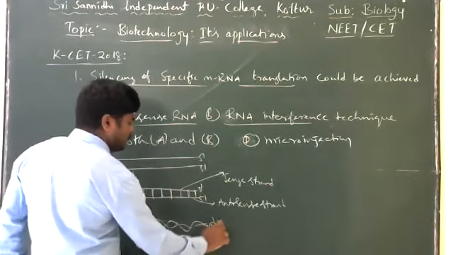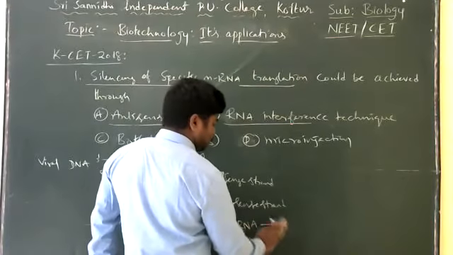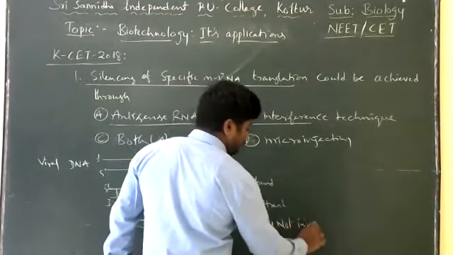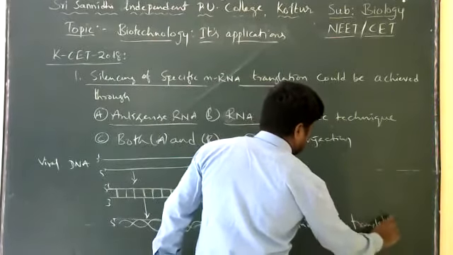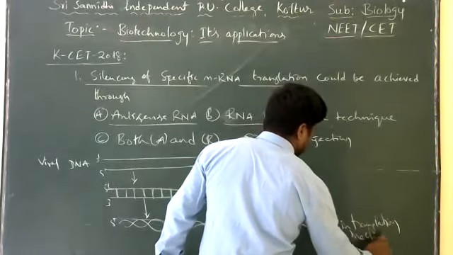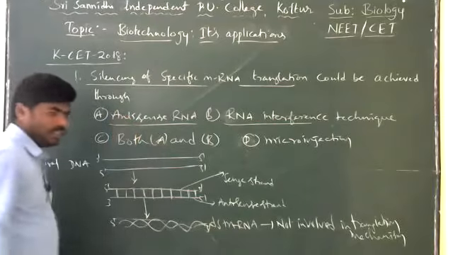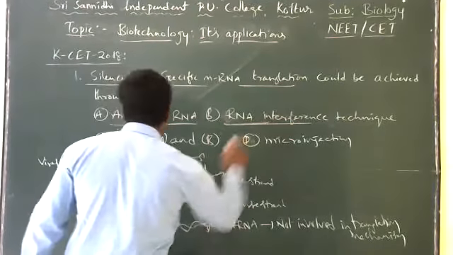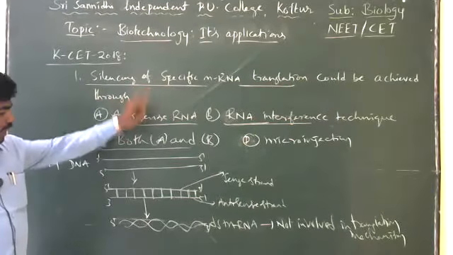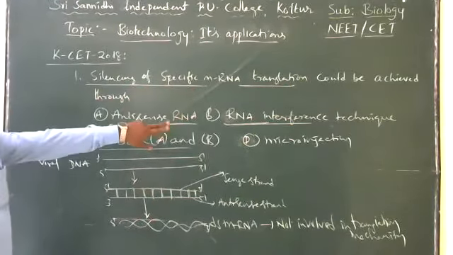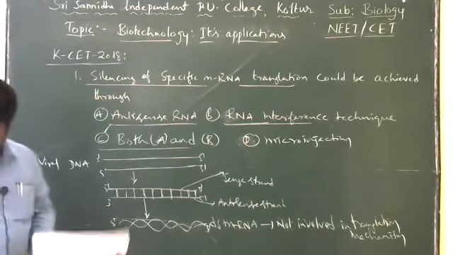Here we have antisense RNA, and also the RNA interference technique. So the answer is C, both A and B. Silencing of specific mRNA translation could be achieved by antisense RNA and RNA interference technique. Two methods are there.